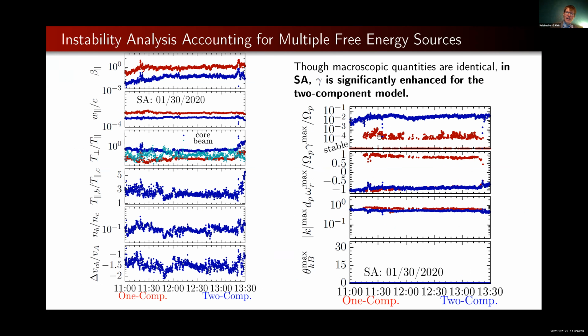If we model it with that simpler single component, the instability is significantly reduced. But importantly, the same kind of wave is being driven in both cases. In this case, it's a fast wave that is coupling to the beam component.